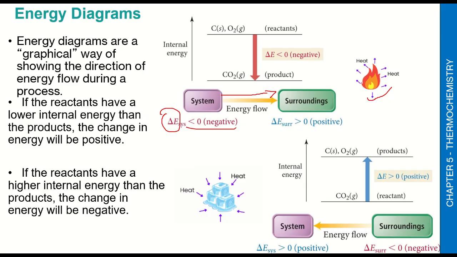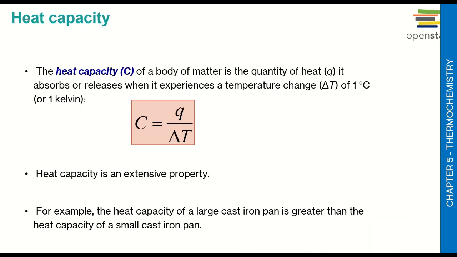You see that the energy will go from the reactants to the products. When the surroundings are giving heat to the system, the system is absorbing energy like the ice, so it will be positive. Okay, so this is just to highlight this part.